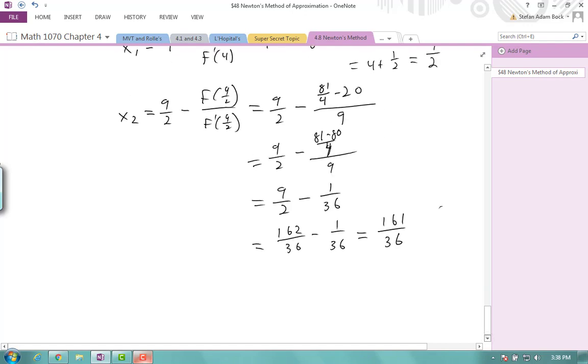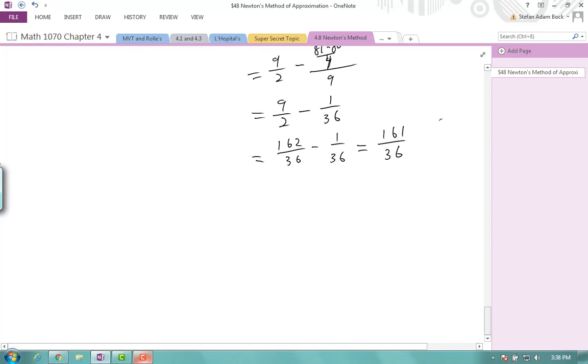I could keep going with these, but since I'm not a robot, let's see how good we have it. X sub 0 is equal to 4. X sub 1 is equal to, in decimal form, 4.5. And X sub 2 was about 4.4722, and the 2's repeating.